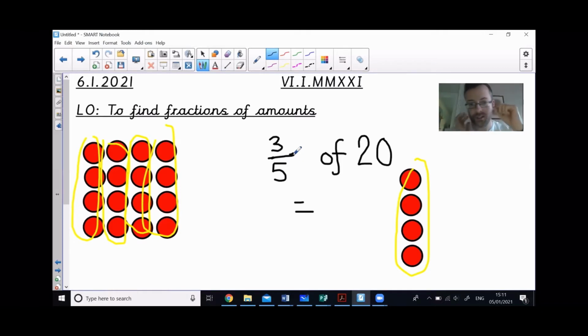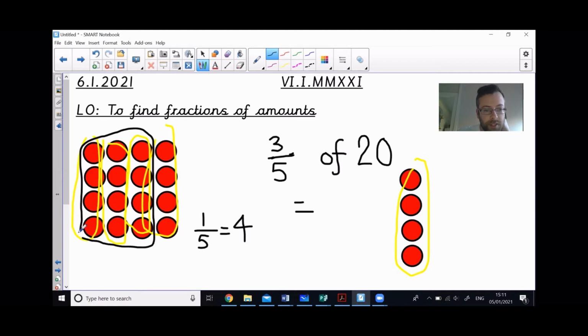So 1/5 is equal to 4. Now if 3 of them, 1 group, 2 groups, 3 groups, that's 3/5. And how many are there in that 3/5? Well, it's 12. What I've actually done is I've found 1/5, which was 4, and I've multiplied it by 3 to get 12.